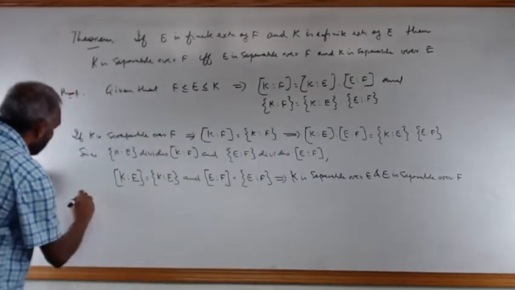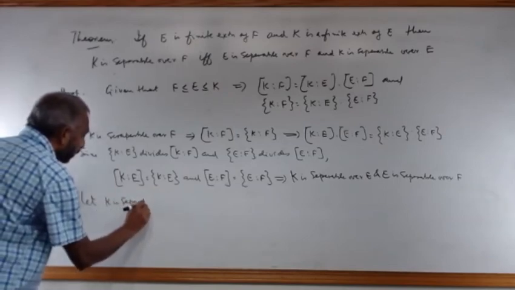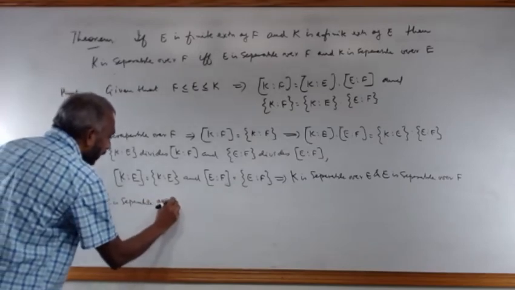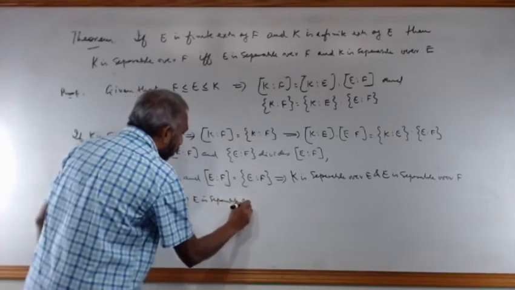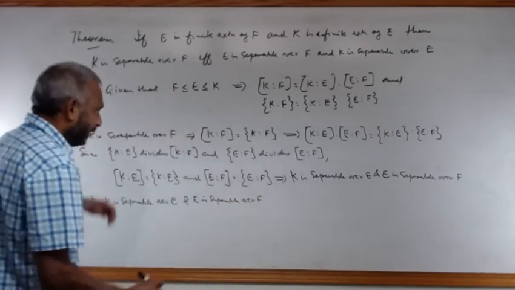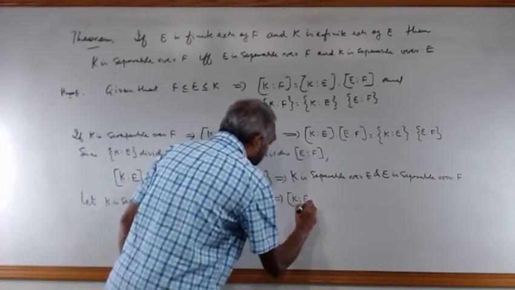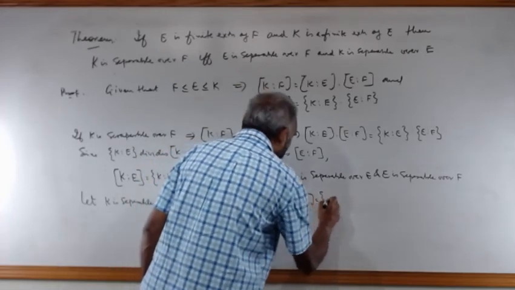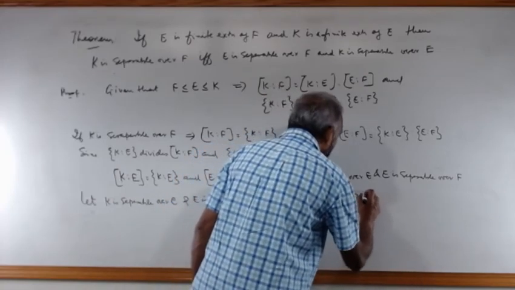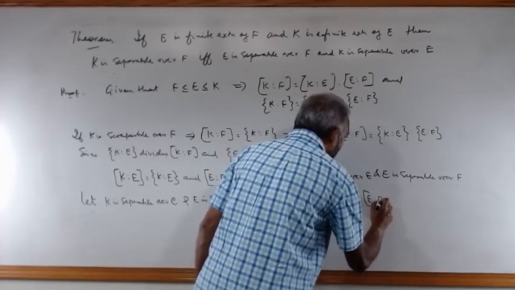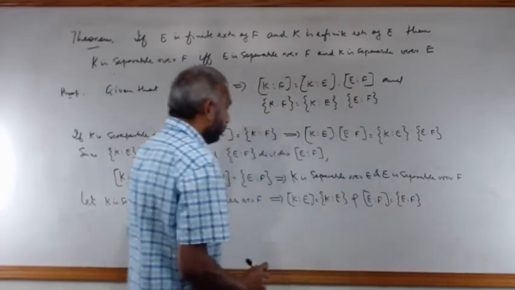The other side is, let K be separable over E and E be separable over F. That implies [K:E] is equal to the index {K:E}, and the degree [E:F] is equal to the index {E:F}.